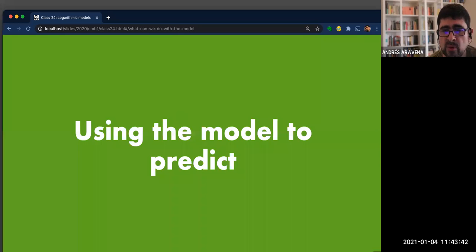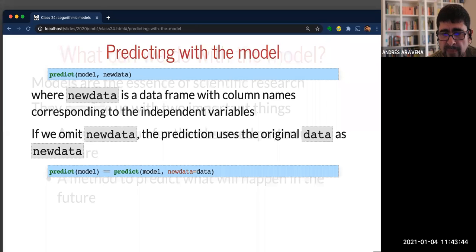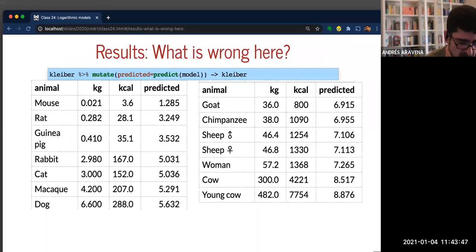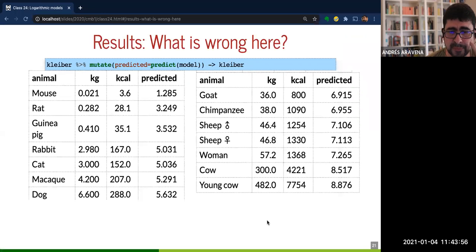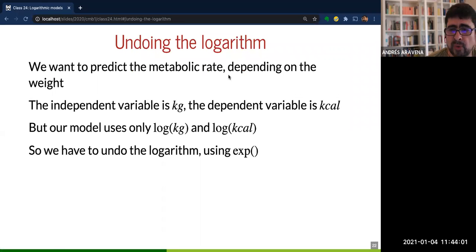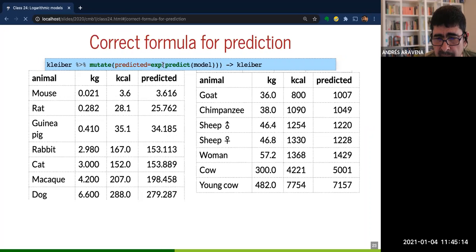We have to undo the logarithm. This is a part that we were suffering. So we want to predict, but we have only logarithm. So we have to undo the logarithm doing exponent. Okay, here is correct. So predicted is exponent of the prediction.